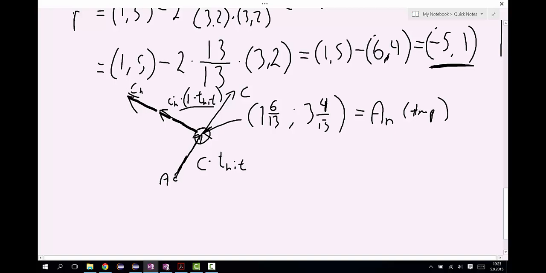There. So finally, we now have 1 and 6/13, 3 and 4/13.